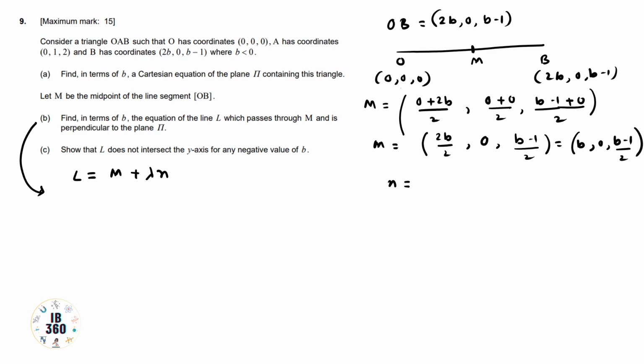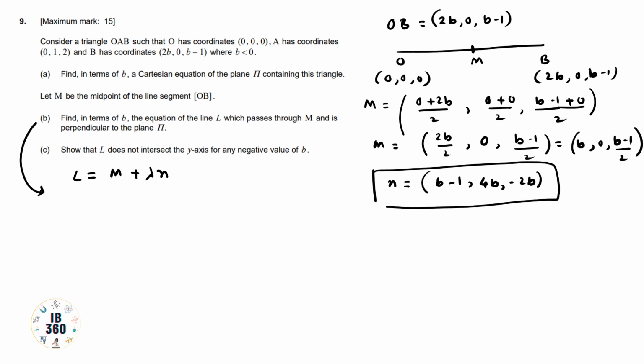We have already determined n, and its Cartesian coordinates are b minus 1 comma 4b comma minus 2b. Just see the previous slide and you will understand this. This will be the equation of the line, because the line is passing through M and is perpendicular to the plane, so it will be parallel to this normal.